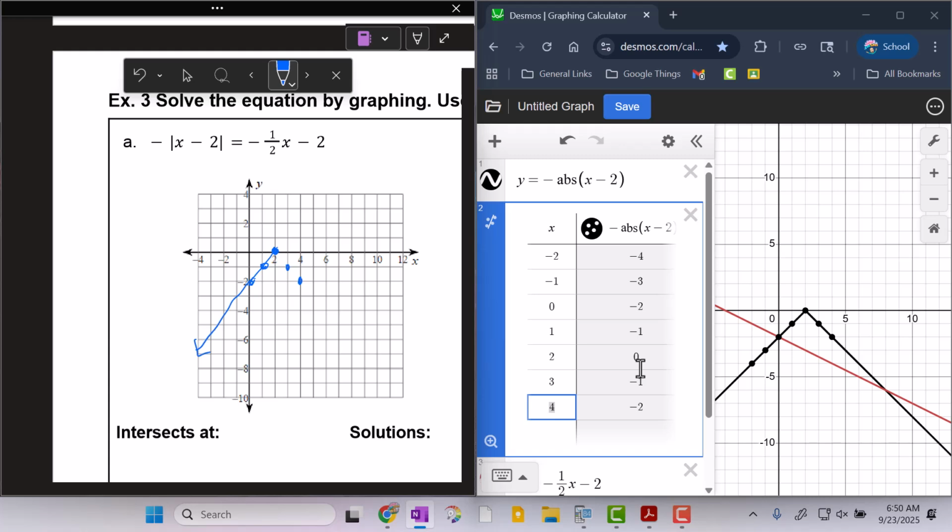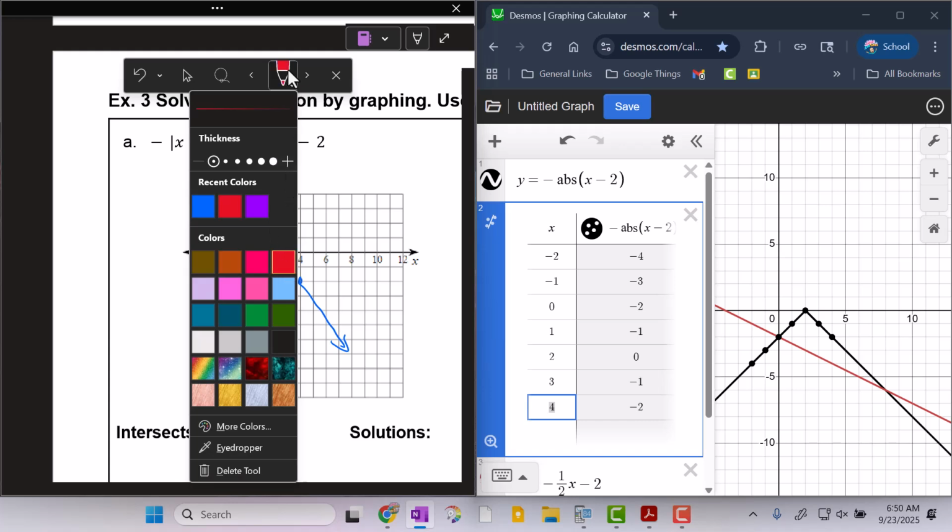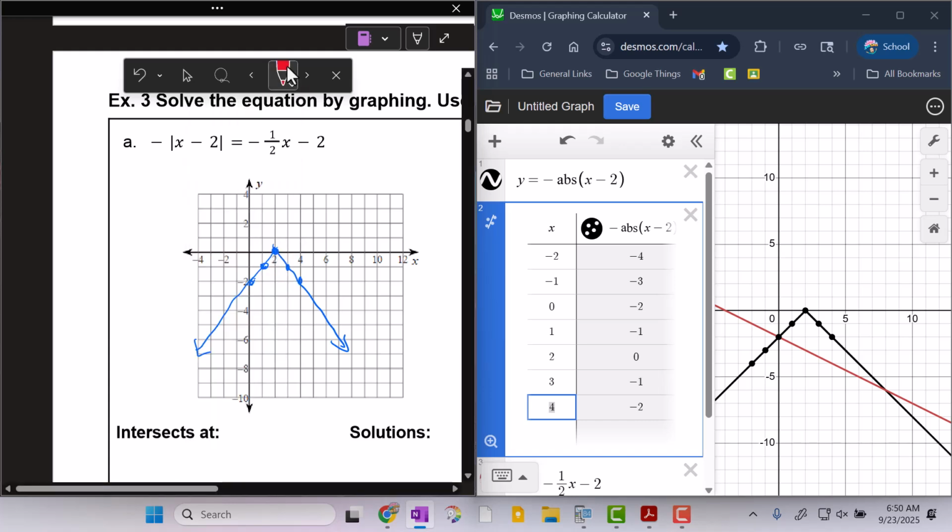And the slope is 1, so it's just down 1 over 1. So that's our absolute value. Now the line, well, it goes through negative 2 because that is our y-intercept. And then we go down 1 over 2, down 1 to the right 2, down 1, right 2, and so on.